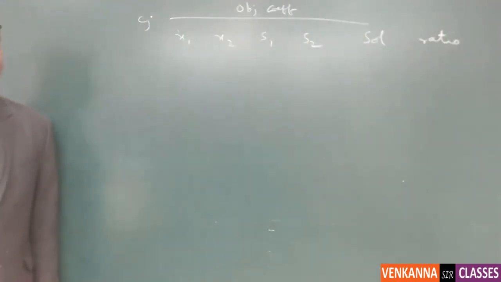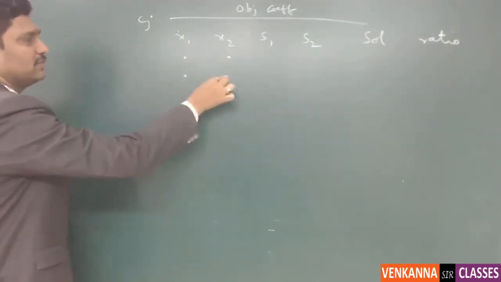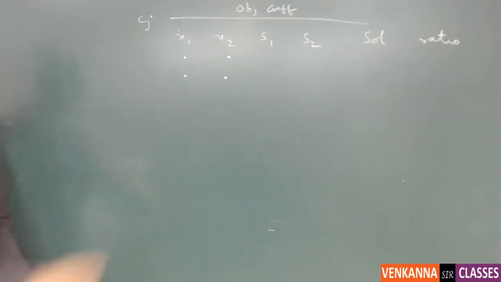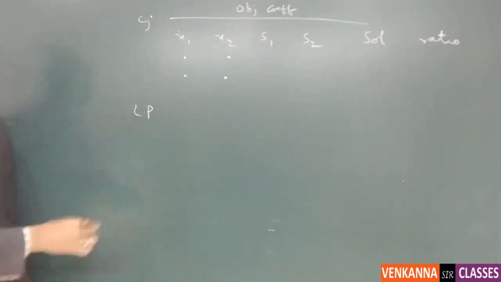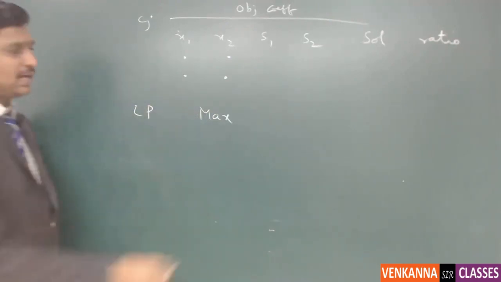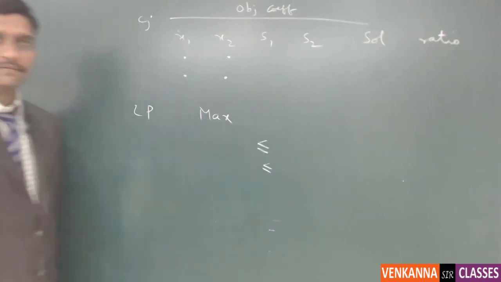Now this is some constant, this is some constant. Please understand, if I have taken an LP problem for maximization and we are taking less than or equal to inequalities here.